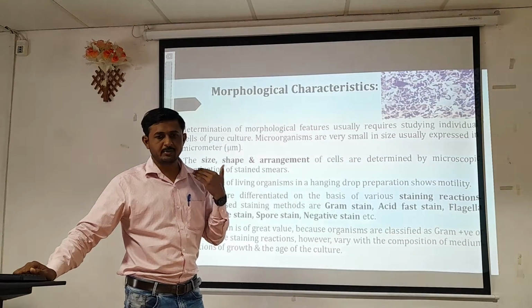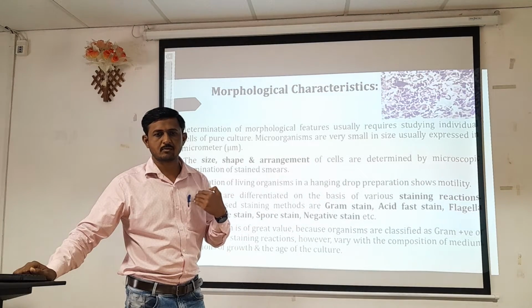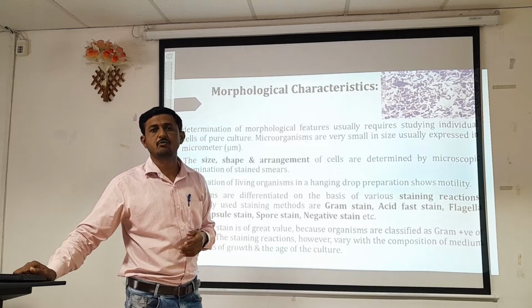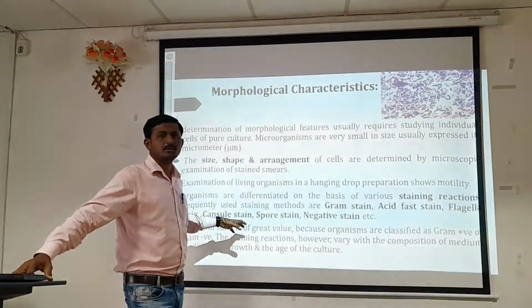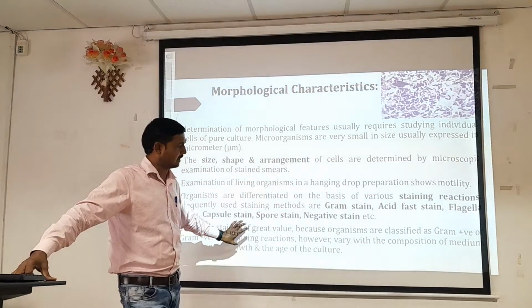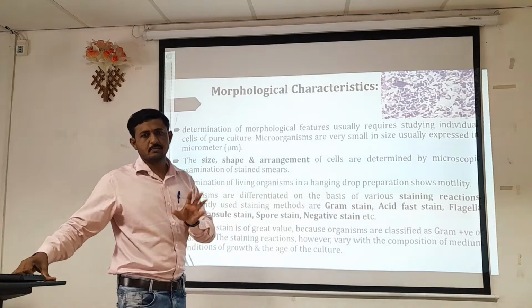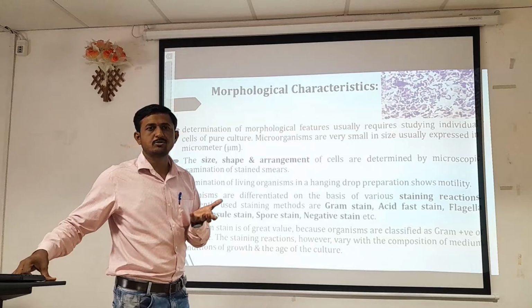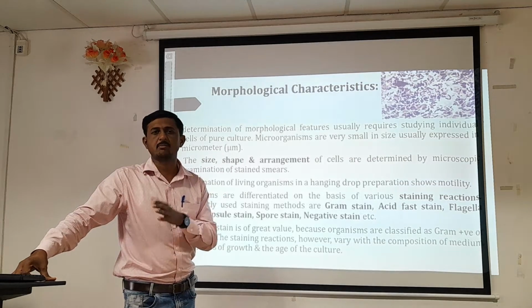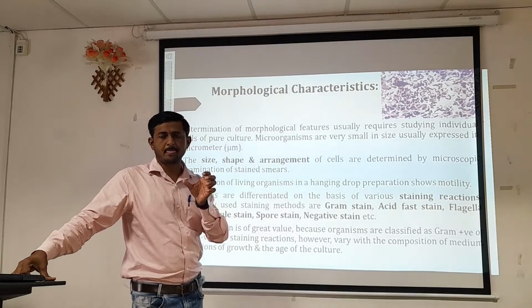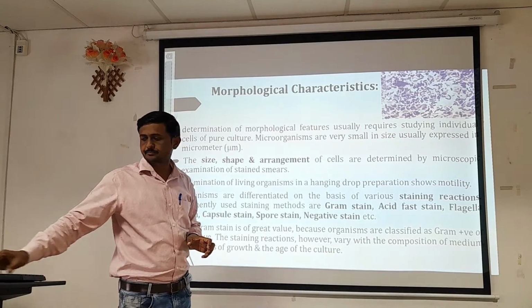But if the bacterial culture grows for a further 24 or 48 hours, or up to 3 or 4 days, sometimes the characteristics of the bacteria may change. Sometimes it shows the inverse: gram positive appears as gram negative or gram negative appears as gram positive. So it depends upon the age of that particular culture.